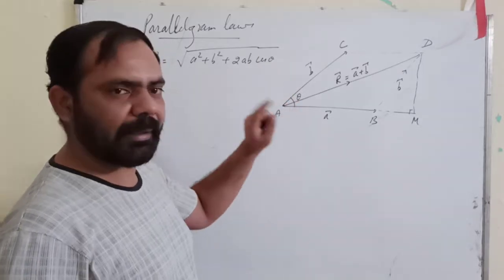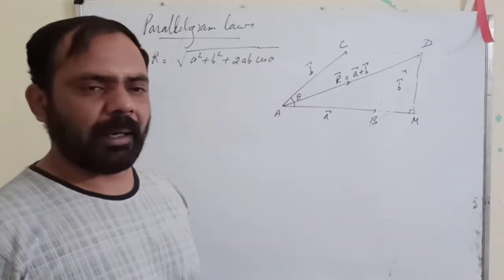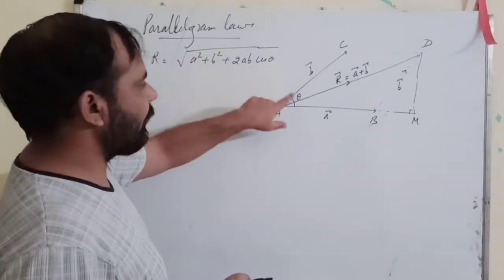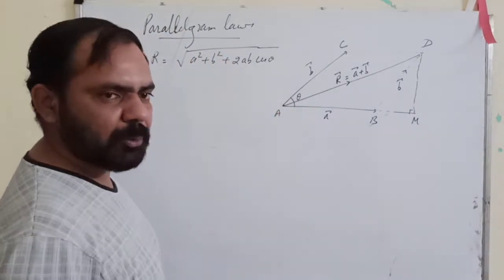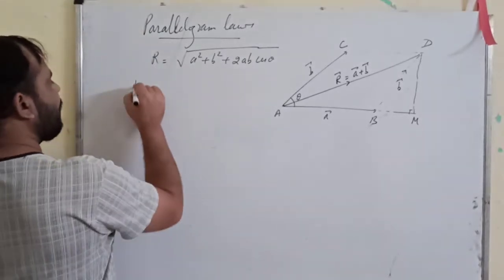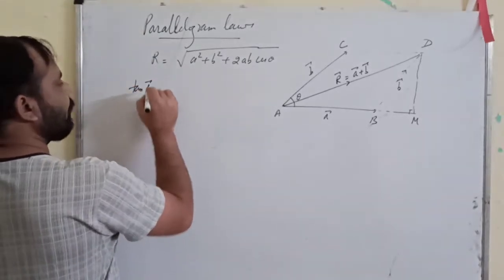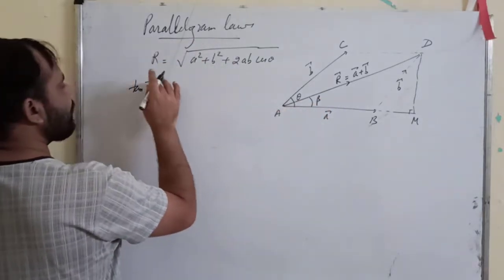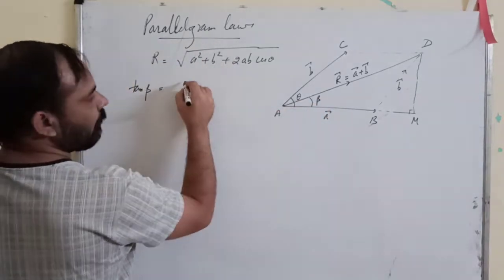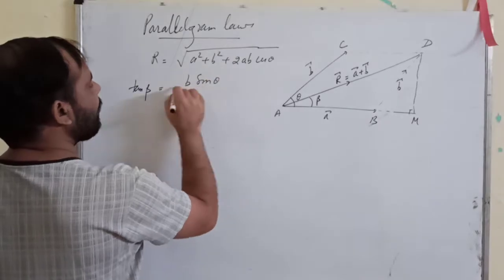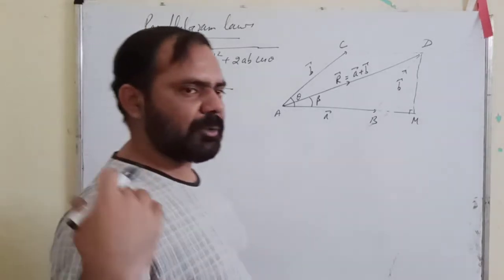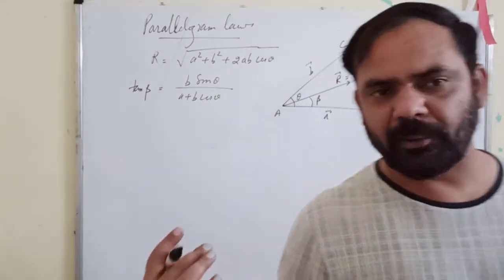What is the direction? Suppose this is beta, then tan beta is equal to B sin theta upon A plus B cos theta. This we have already obtained in the triangle law of addition of vectors.